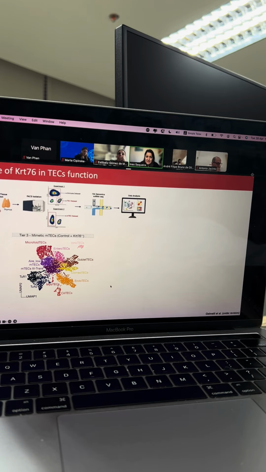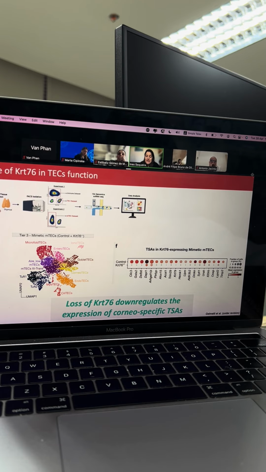So we then explored, using single-cell RNA sequencing, what is changing transcriptionally in these thymic epithelial cells. And what we have seen is that in the keratin 76 knockout thymic epithelial cells, there is a downregulation of the expression of skin-specific TSAs, antigens that are present in the skin.